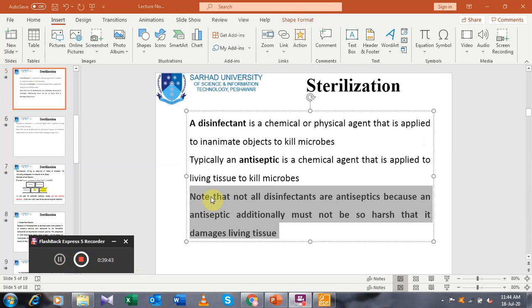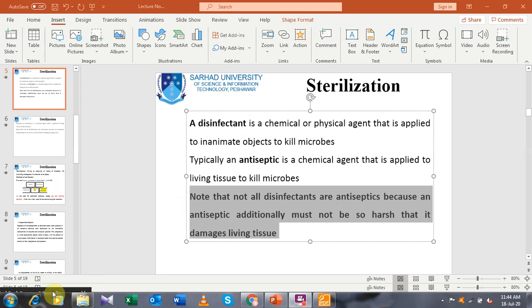Note these terminologies: disinfection. A disinfectant is a chemical or physical agent that is applied to inanimate objects, the non-living objects or materials, to kill microbes.